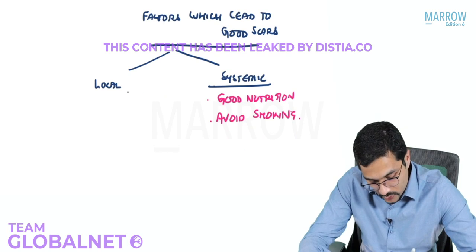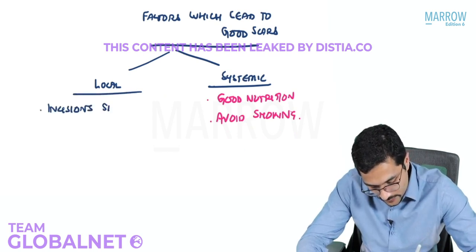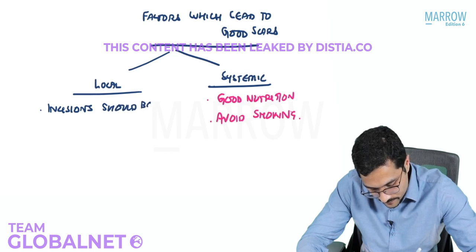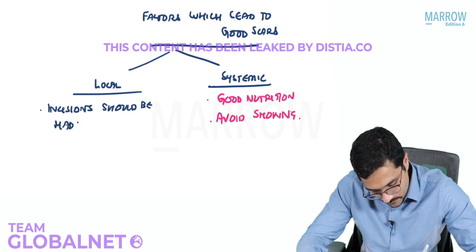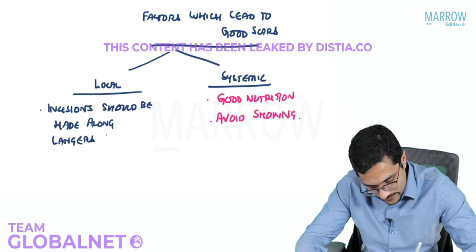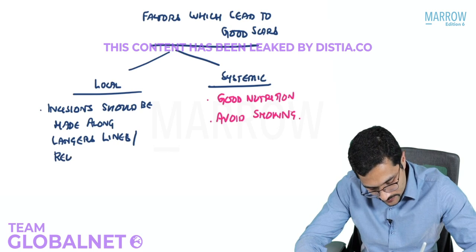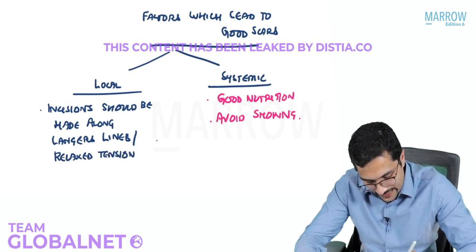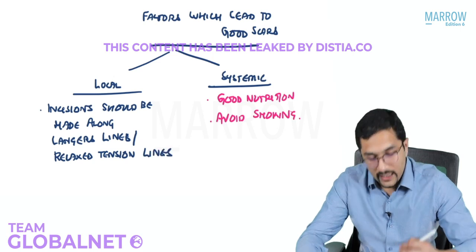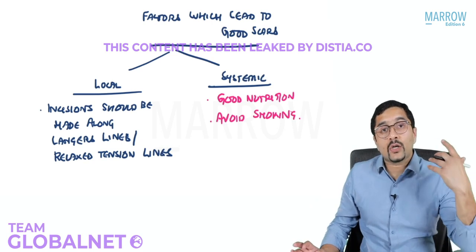Local factors which you should know: incisions should be made along Langer's lines, or relaxed tension lines. These Langer's lines are present all over the body, and if you make an incision along these lines, you get a good scar.